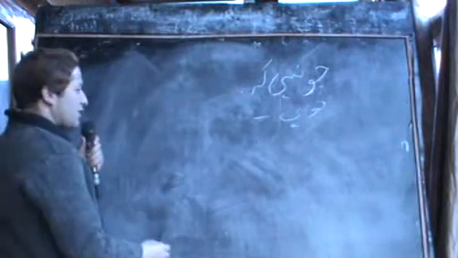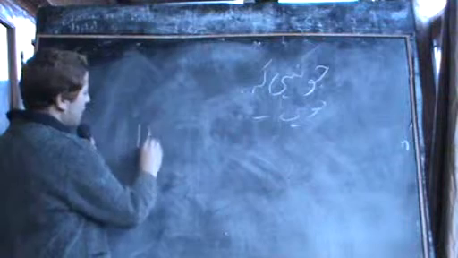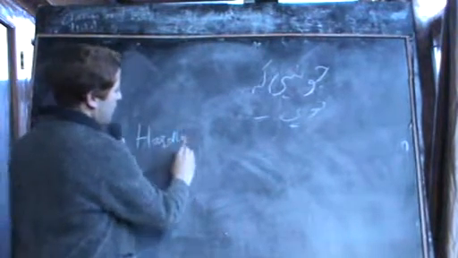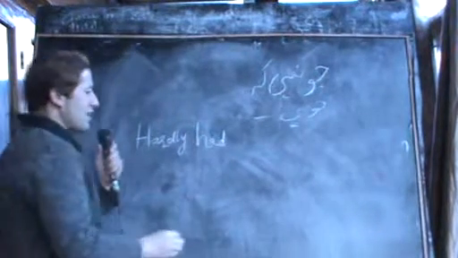So I will write first the formula in English, how to translate such sentences. So the first will be hardly, then we use had. This is also the way to translate it.